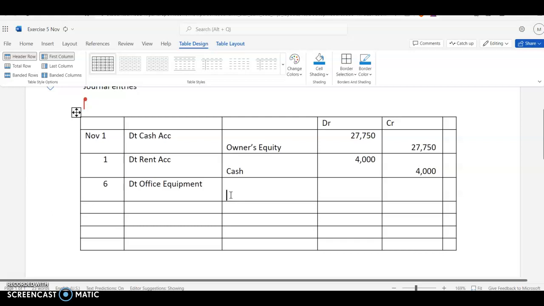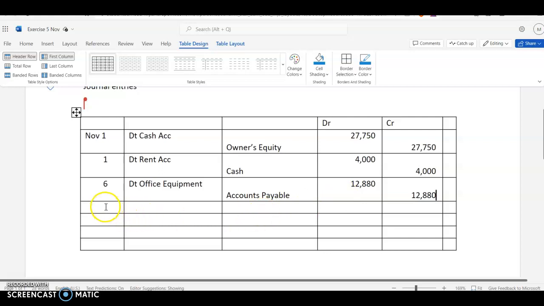On account, sorry, on account, accounts payable. Okay, how much? 12.